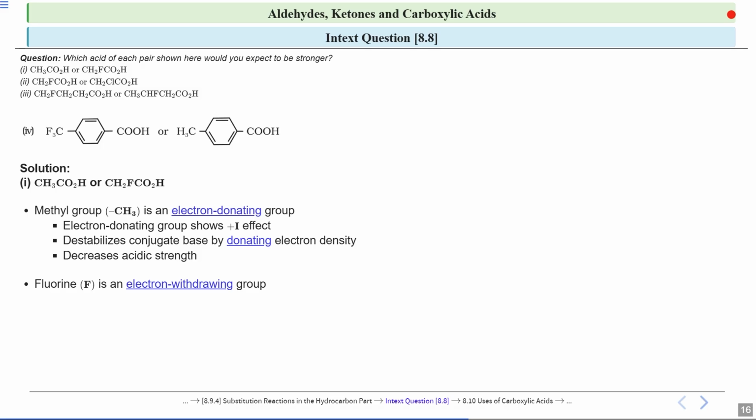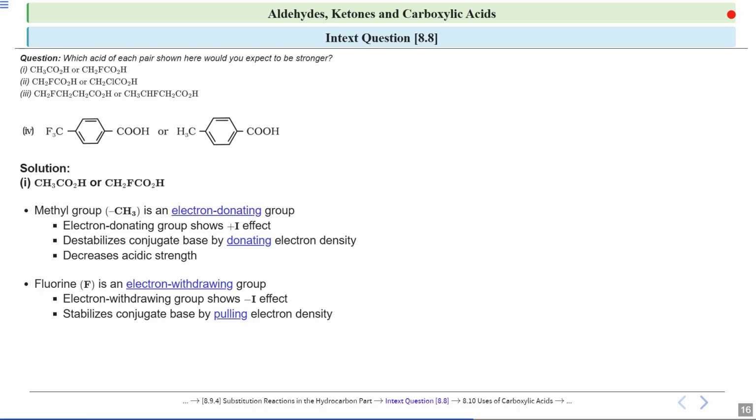Okay, so this is the opposite effect compared to the methyl group. Now electron withdrawing groups like fluorine show the minus I effect or negative inductive effect. This means that they reduce the electron density on the nearby atoms, which makes it easier for the acid to lose a proton.